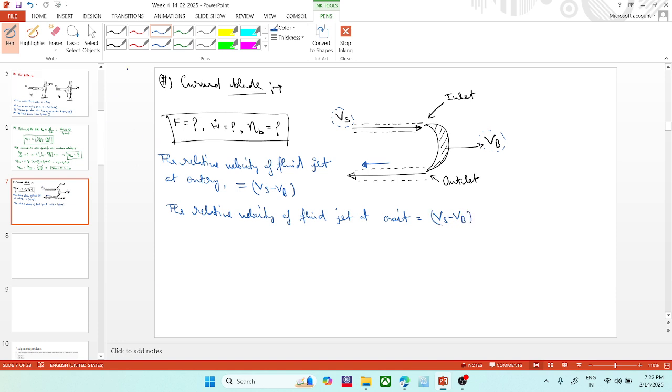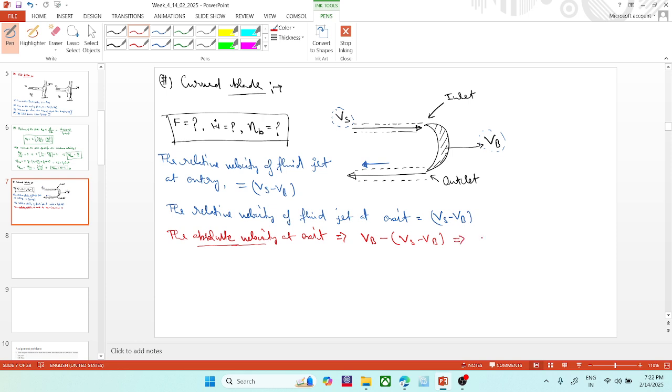While we write the absolute velocity, what would be the value? The absolute velocity at exit would be the blade velocity minus this relative velocity, Vs minus Vb.